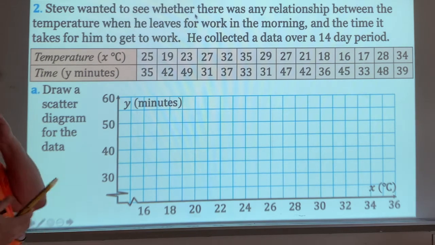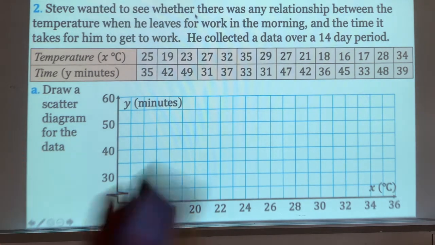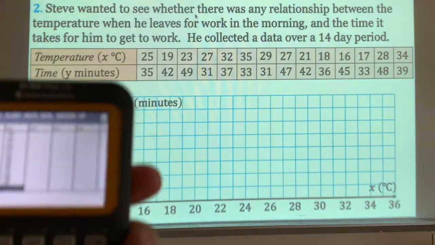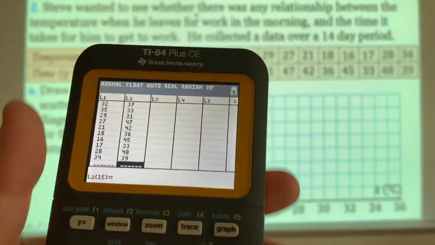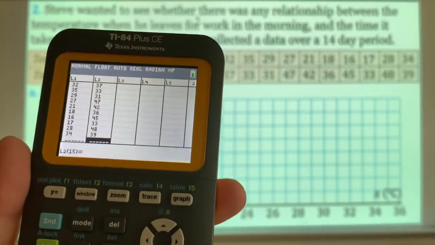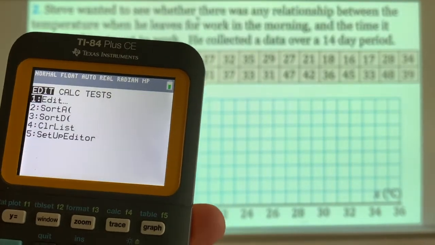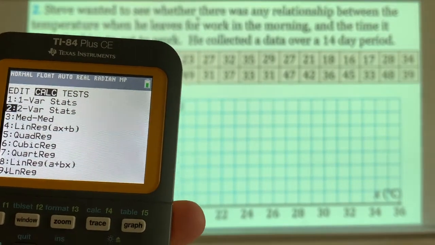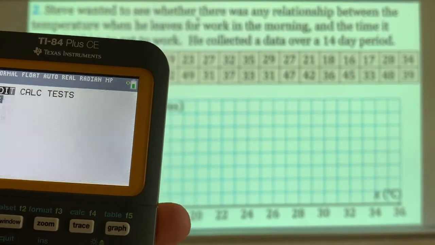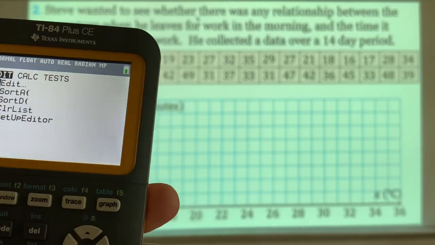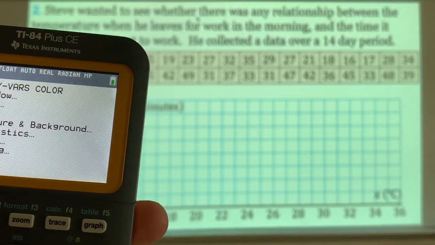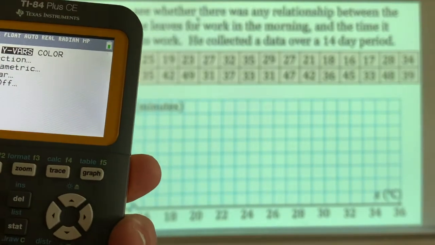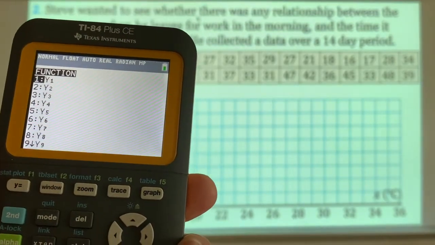All right. So once again, I typed all my stuff in. I just want to check my scatter plot. So just to check it, I got all my information in here. I go to stat, calc. Vars. Y vars. Function. Y1.